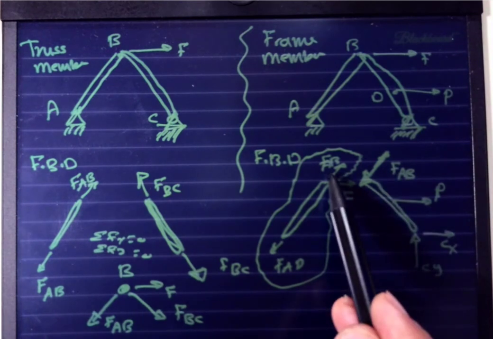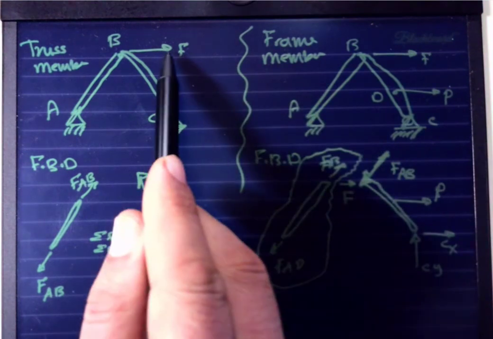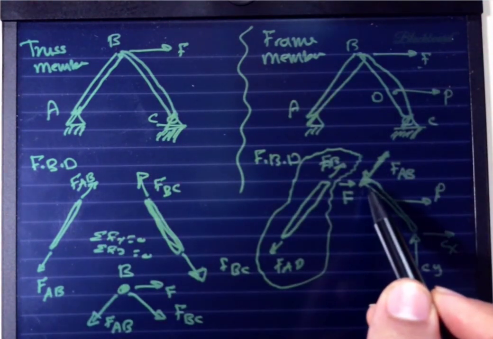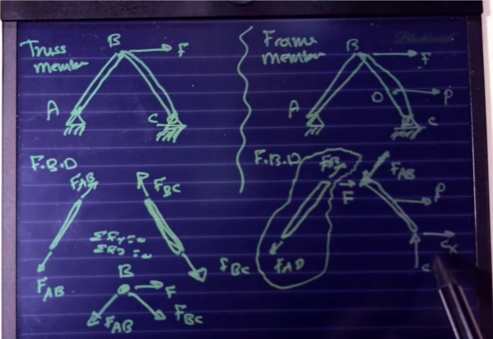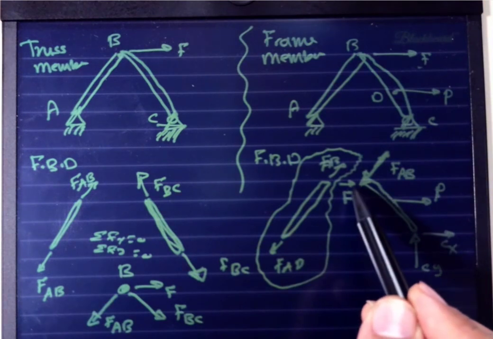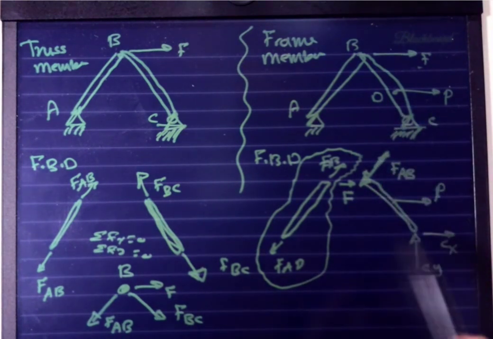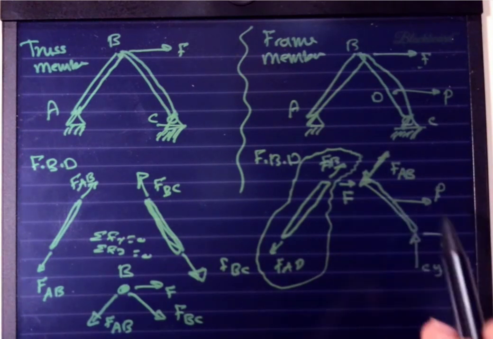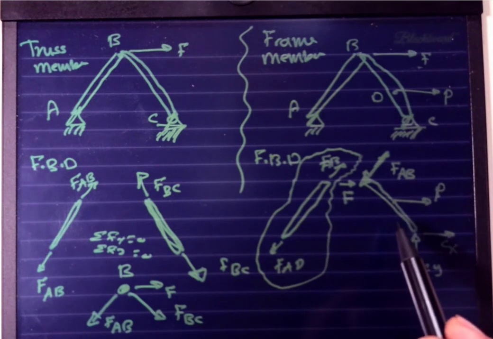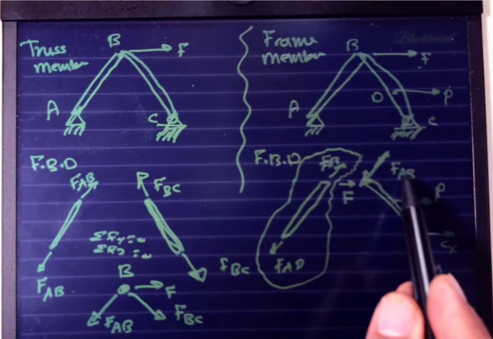It's going the opposite way. In addition to labeling the external force F over here, we add it to the member BC. So we must add it to frame BC. This way we can apply, for example, the equations of equilibrium, including the moments, to calculate these three unknowns, 1, 2, and 3.